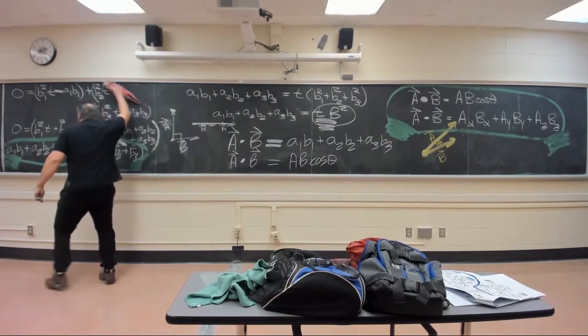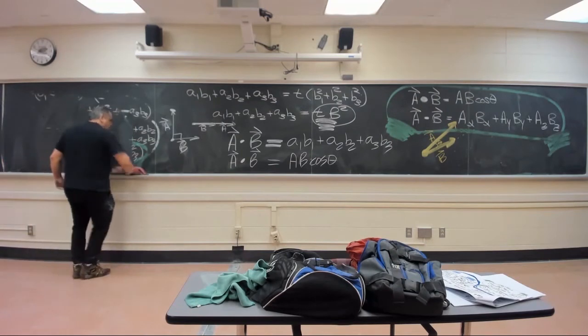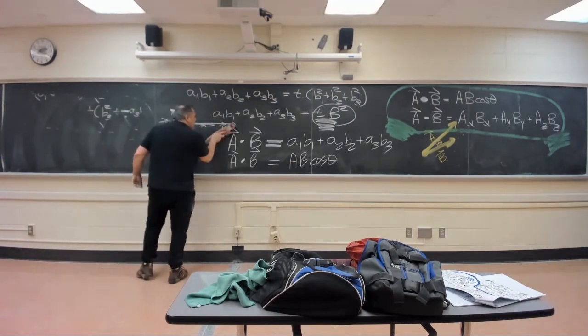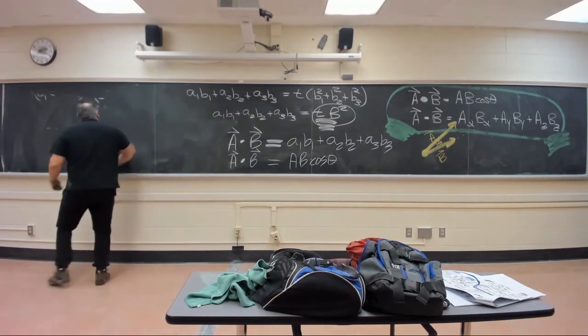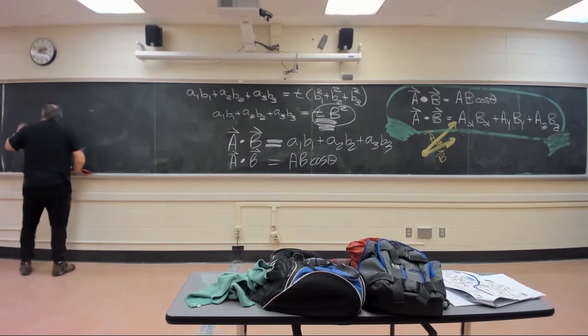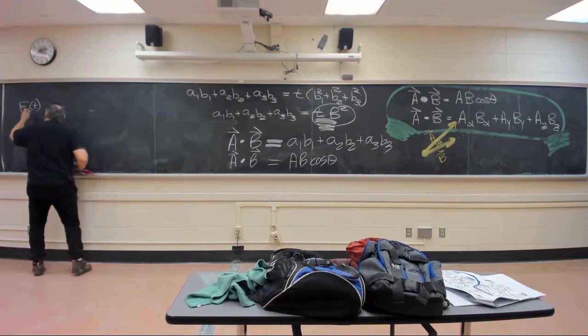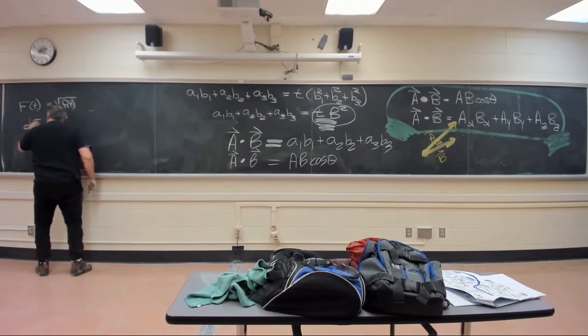This is what it is. The only thing that's kind of scaring me is division by 0, but I don't think that's something we need to be worried about. If it were the case, we can get around it by just keeping the small f of t. But if we said that capital F of t is equal to the square root of this, and then you do the derivative, just to be rigorous here, guys, just to give some kind of foundation.